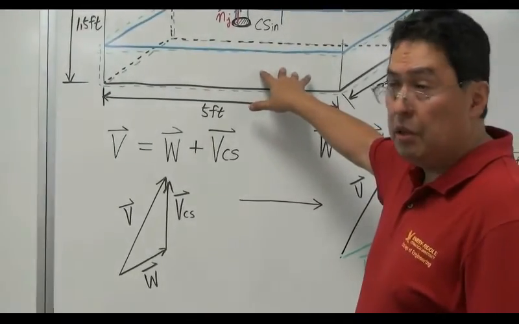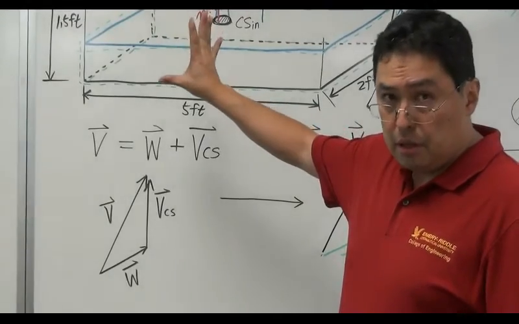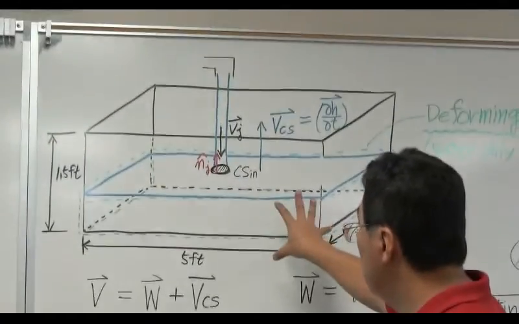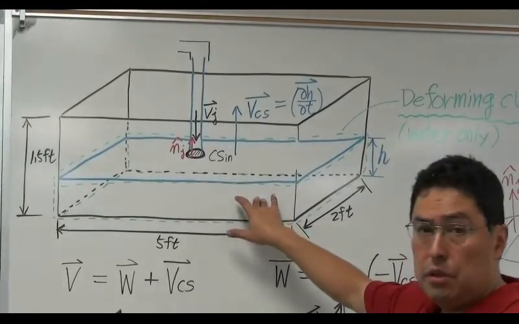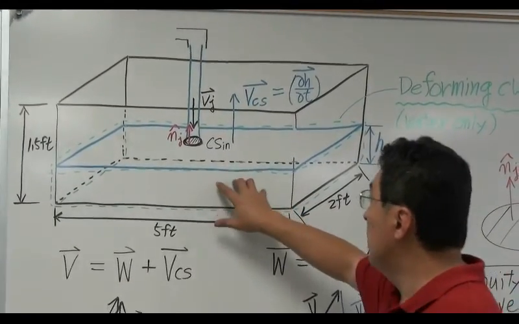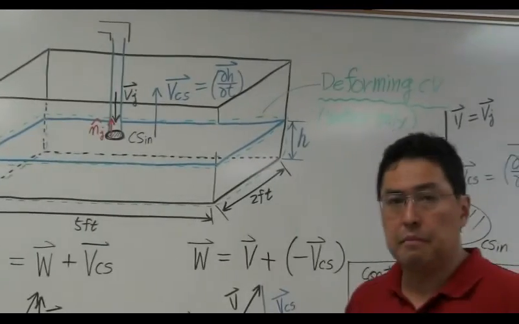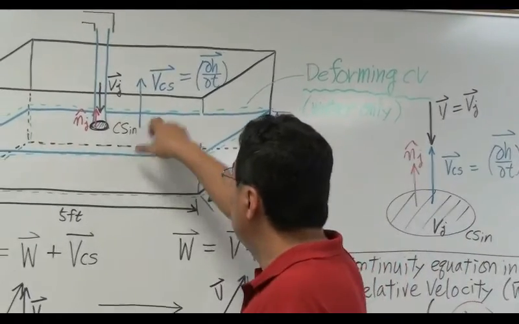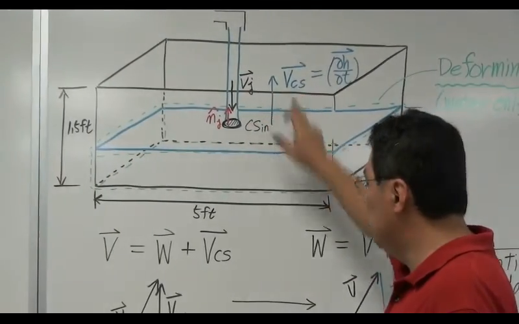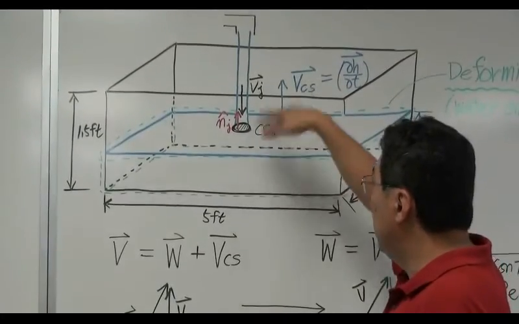Okay, so obviously this problem you can solve using a fixed control volume, which is the bus stop itself, or you can solve this problem alternatively by defining a deforming control volume, which is the water only, water itself within the bus stop, being a control volume which is deforming. Okay. Now, a deforming control volume comes with one of the control surfaces moving with a finite speed, which is BCS. So that surface is moving.